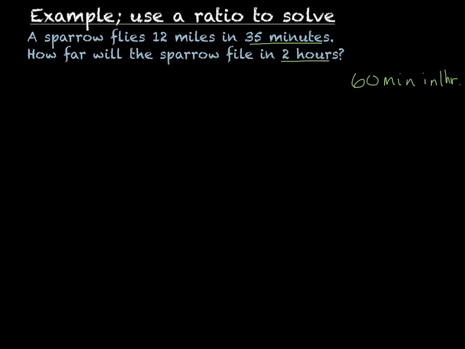So in 2 hours, there must be twice as many minutes. So 2 times 60 is 120 minutes. So that's one way to think about how to do that. So we have 120 minutes. That's how far we want to go.